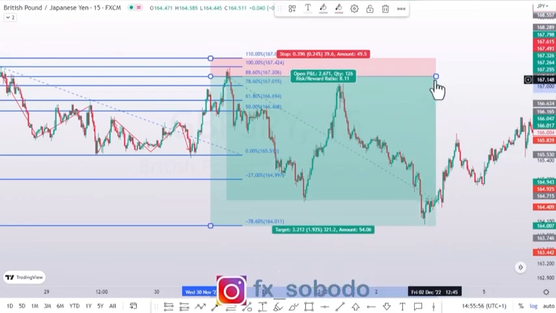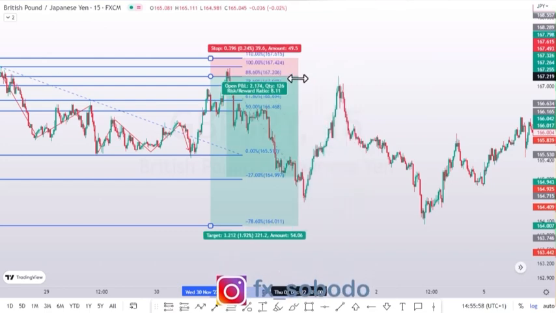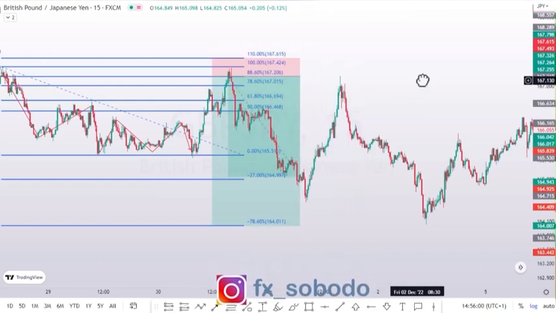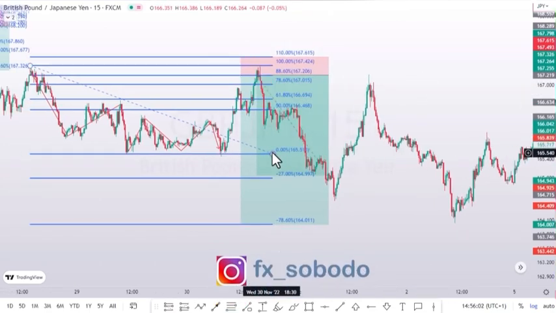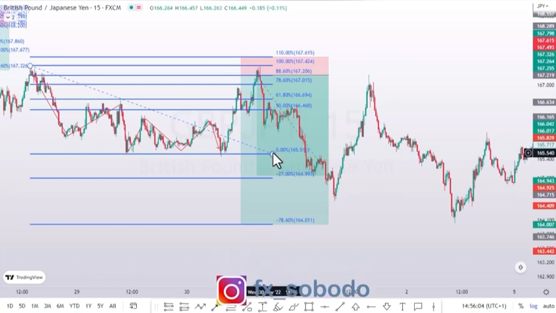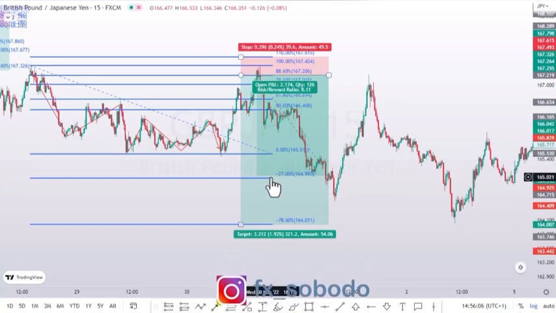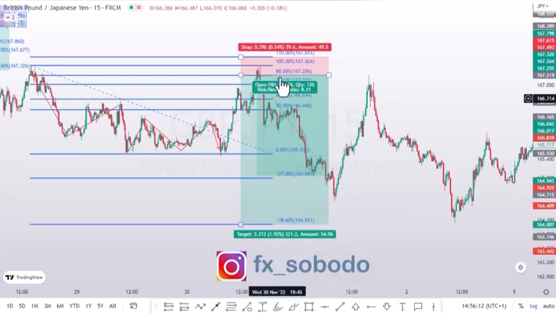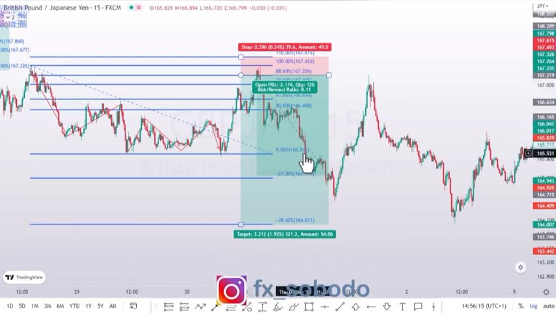So you see here, if you noticed, the reason why I said 0 should always be your partial profit, first take profit, is that price will not in all cases come all the way. So as it starts moving, you start locking your profit.